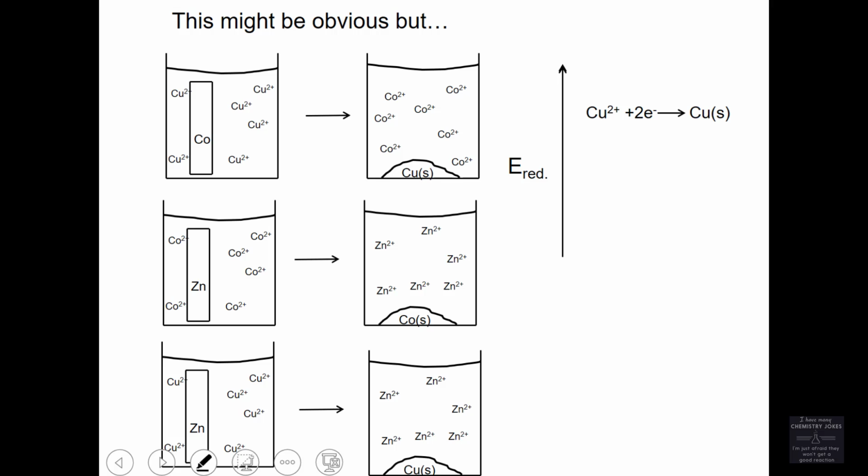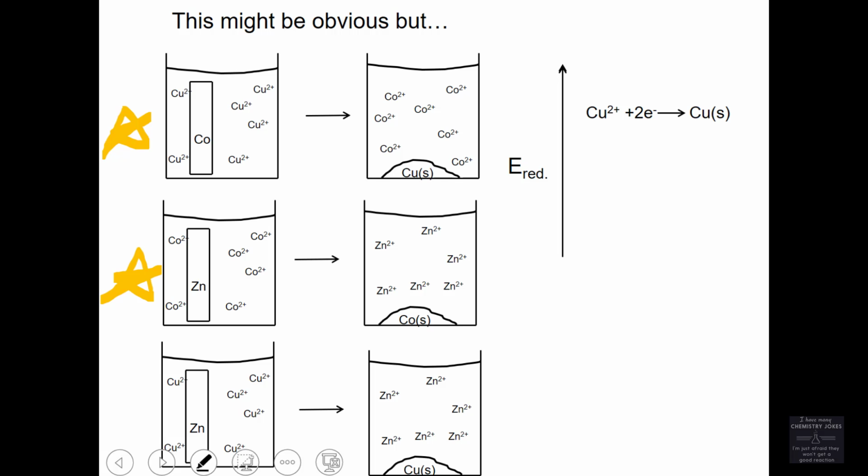If I then compare the two cobalt reactions here and here, in this top one, cobalt is giving up electrons to copper. So electrons are more stable on copper than they are on cobalt. And in this middle one, zinc is giving up electrons to cobalt.